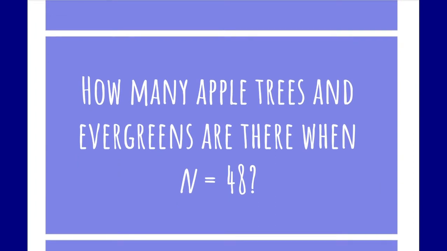How many apple trees and evergreens are there when n equals 48? This one might be a little bit too hard to go through and just continue the pattern, so we might need to come up with a rule for both apple trees and evergreens. You might have to take a look at that visual pattern, maybe put it into a table, and try to figure out what the rule is.